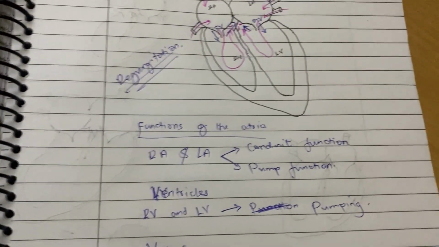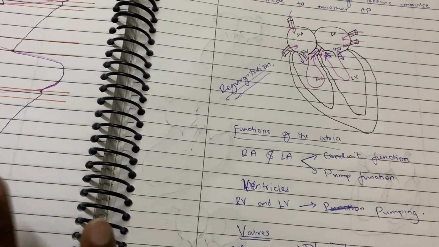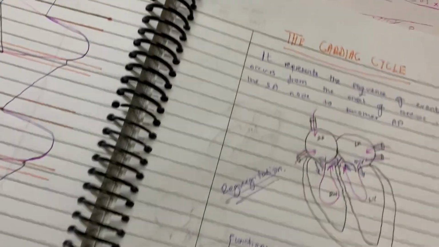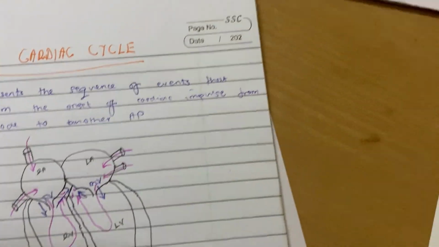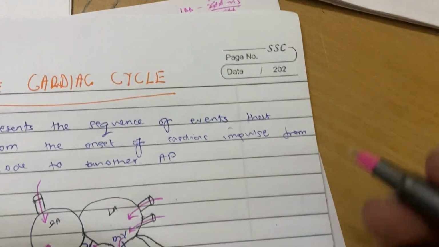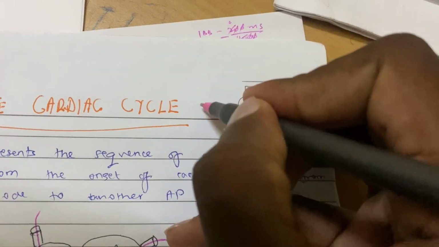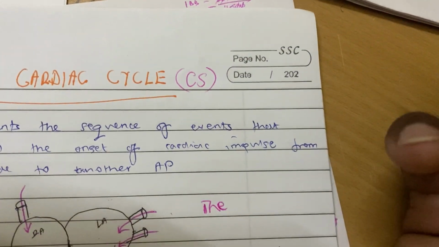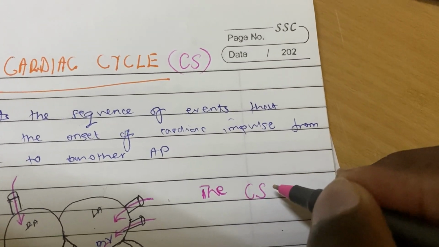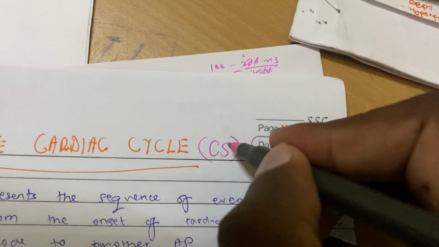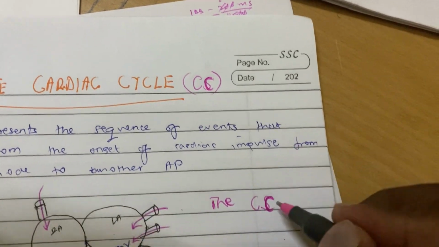Another thing to note before we shall see it this side. The cardiac cycle has two major phases. I'm going to shorten it to save time: the cardiac cycle, CC.